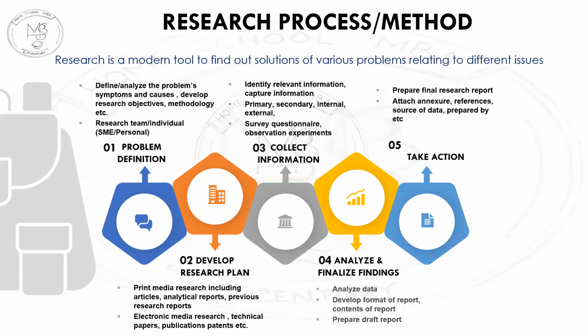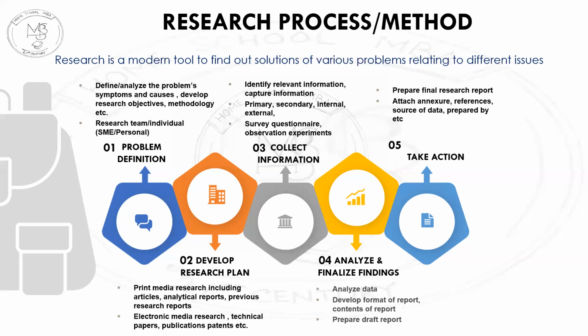We capture that information. And here we define the information into primary source, secondary source, internal and external. Primary source is basically the source where you carry out your own research.